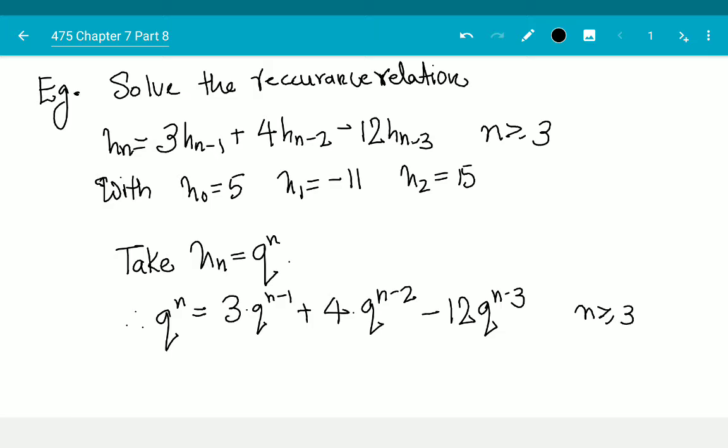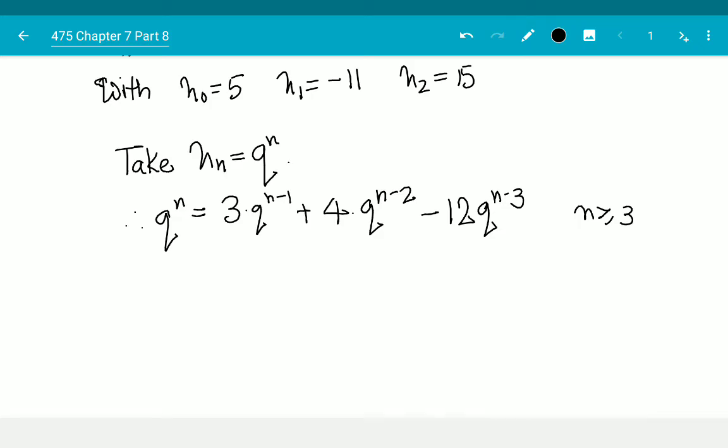And what I can do is either I can factor out q to the n minus 3 from everywhere, or I can just take n is equal to 3. Okay, therefore q cubed is equal to, let us assume that I factored out q to the n minus 3, and I am going to assume that q is not 0, because q being 0 would be a really dumb solution.